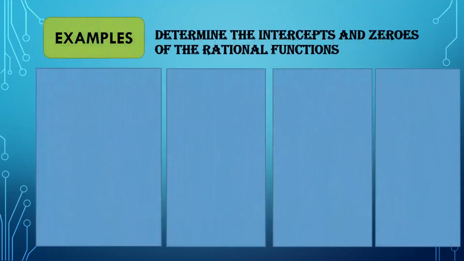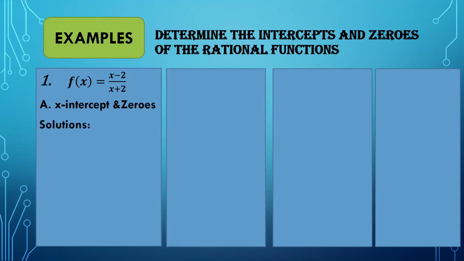So next, we have an example to fully understand the steps in determining the intercept and zeros. Example number 1: f of x is equal to x minus 2 all over x plus 2. Letter A, we want to find the x-intercept and zeros. Here are the solutions. Change f of x to y.